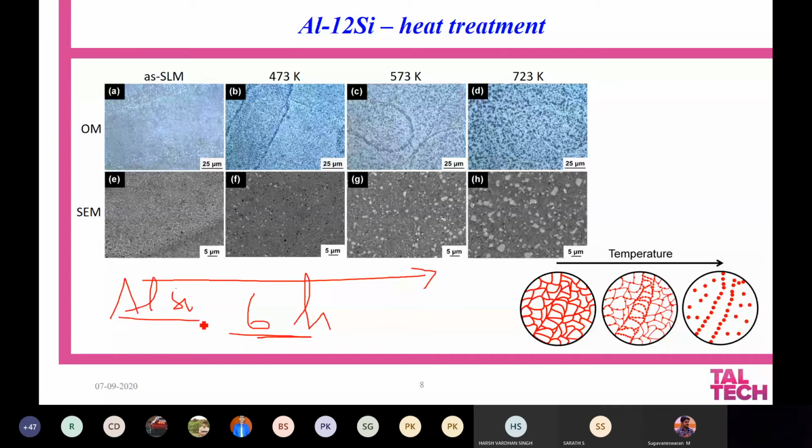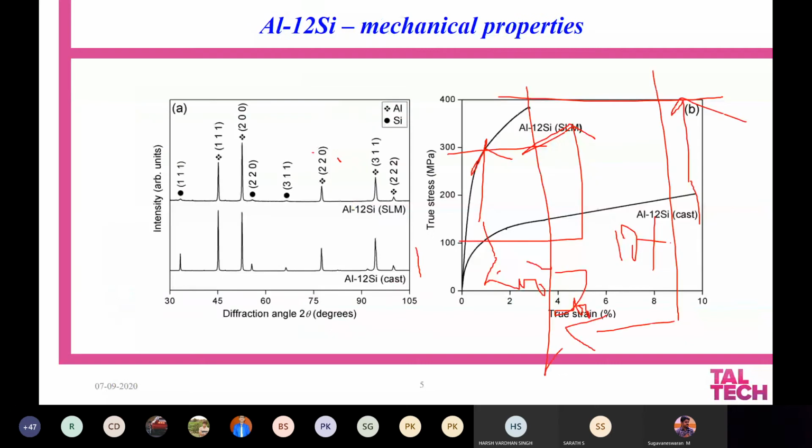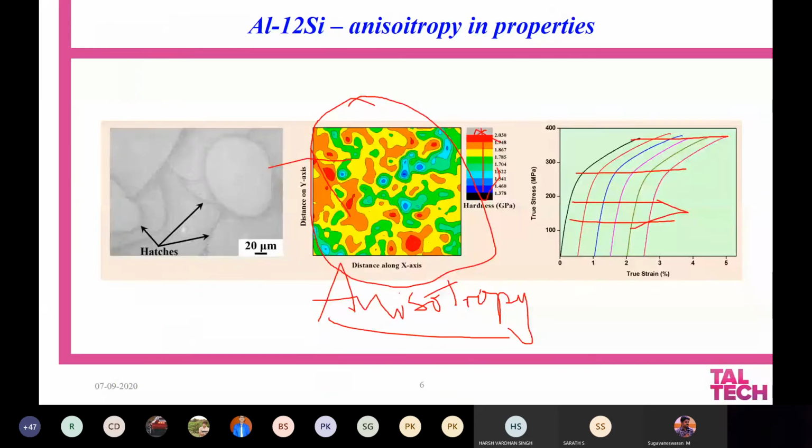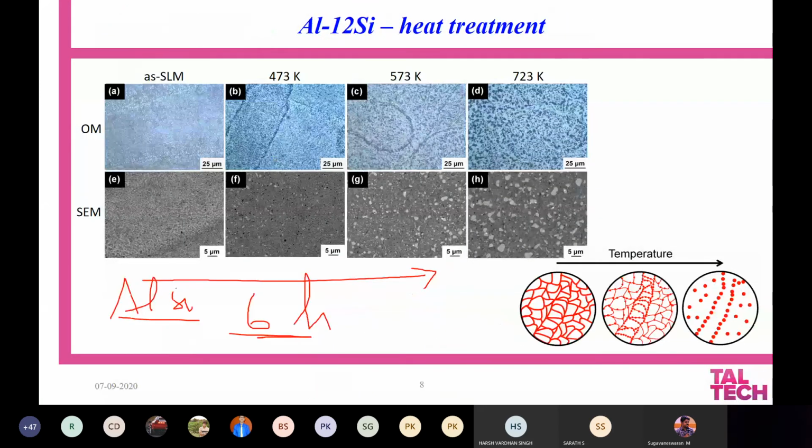submicron microstructure to aluminum silicon in the micron scale microstructure, where you can see here the silicon is no more a continuous skeletal network like what you see here. Here the silicon is in the form of a continuous skeletal network. But in the other case, you don't see silicon as a continuous skeletal network, but as individual particles.